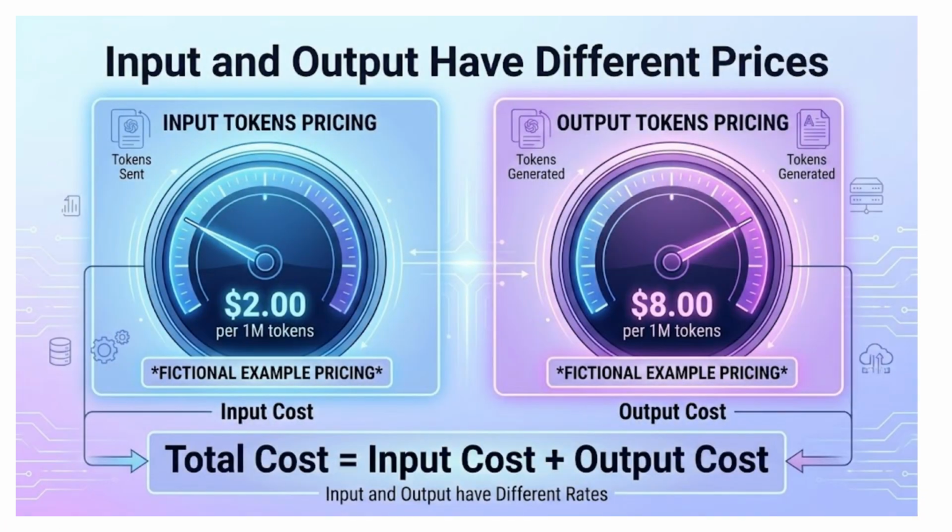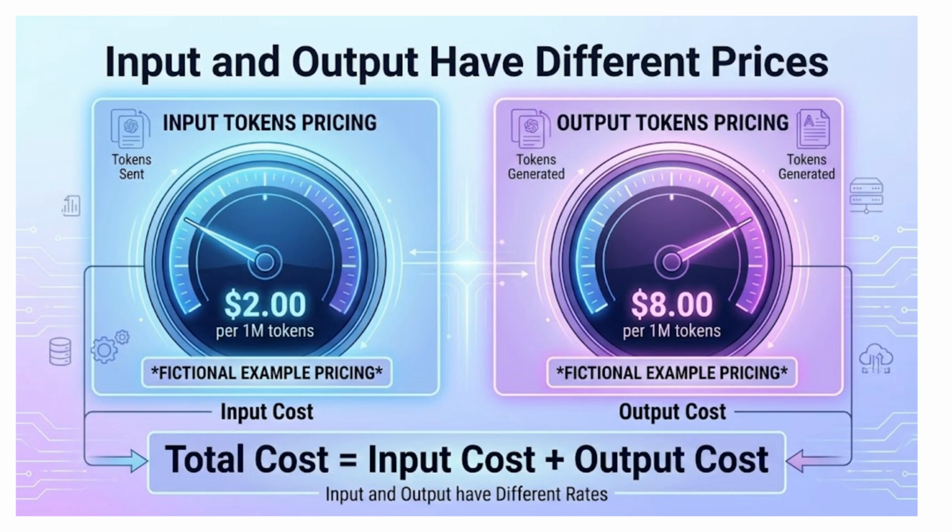Now, here's an important concept about LLM API pricing. Input tokens and output tokens may have different prices. For example, in this fictional pricing example, the input tokens cost $2 per 1 million tokens, while the output tokens cost $8 per 1 million tokens. So output tokens are more expensive in this example.